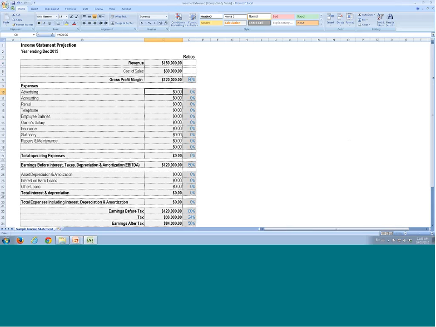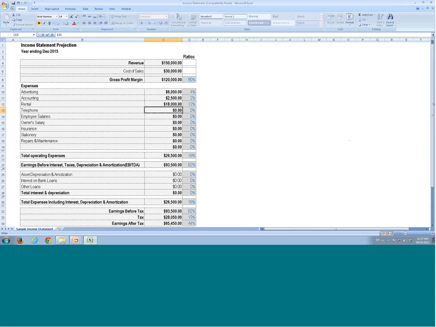Let's say last year, this business spent $6,000 on sales, on advertising. Let's say its accounting fees were $2,500, okay, to do the financial statements for the year and to make sure that everything's up to date. Let's say this business paid $18,000 in rent.